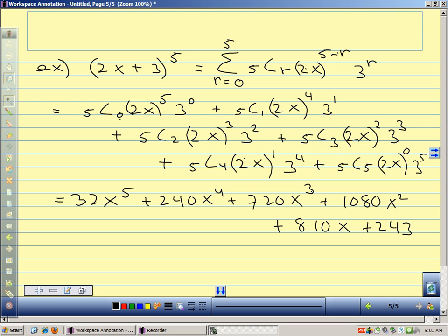But now think about what would happen if you had something like 1.8x plus 3.7 raised to the 7th power. That would be more difficult to FOIL than calculating these.